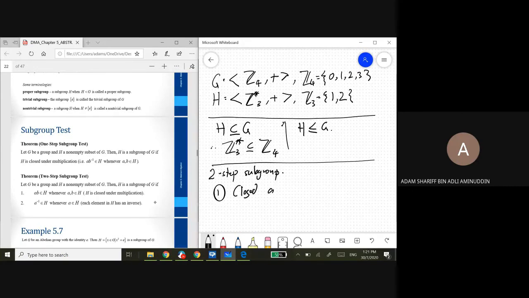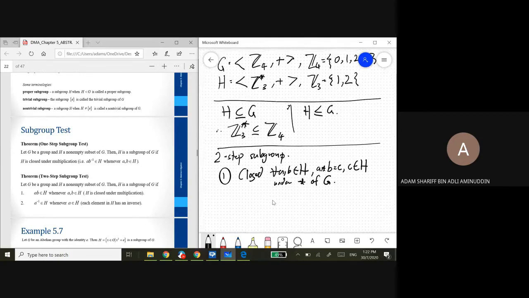It means that for every two elements A and B in H, a binary operation of A with B will produce C. This C is in H under the binary operation of G. The difference with the first definition of closure is that this time we involve two sets, H and G. To determine whether H is a subgroup of G, it must be closed in H, however, under the binary operation of G. That's the difference. It's closed in H, but under the binary operation of G.